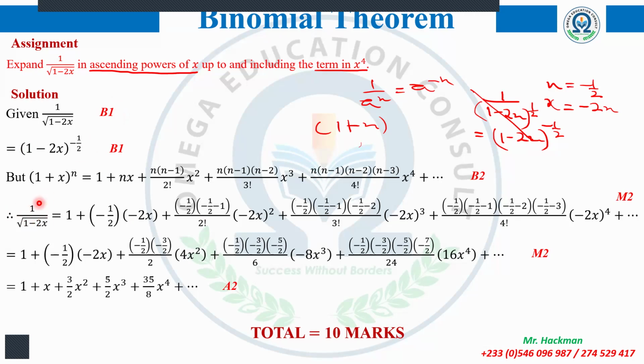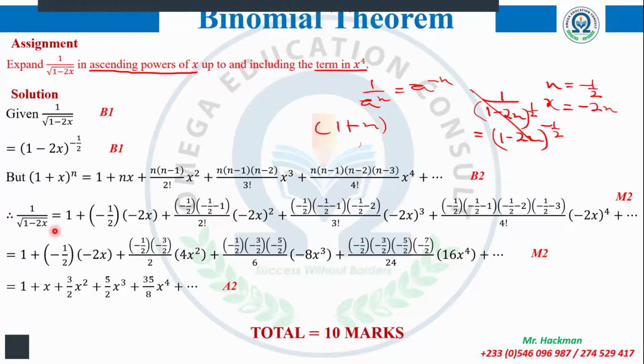If you quoted this formula, I saw some of you do that, and you just write equal to without writing whatever you are expanding here, you cannot write this is equal to this.